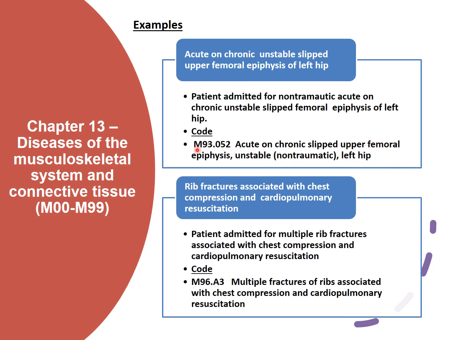The code is M93.052, acute and chronic slipped upper femoral epiphysis, unstable, left hip. The next example is the patient admitted for multiple rib fractures associated with chest compression and cardiopulmonary resuscitation. The code is M96.A3, multiple fractures of the ribs associated with chest compression and cardiopulmonary resuscitation.